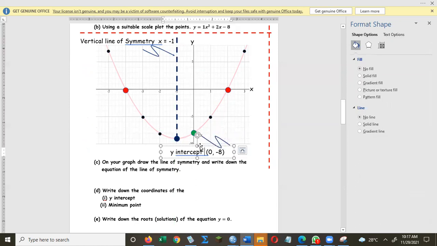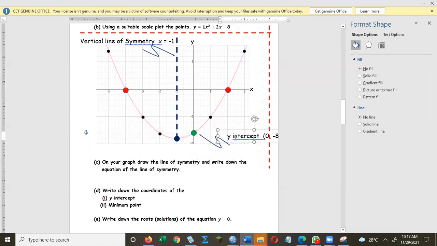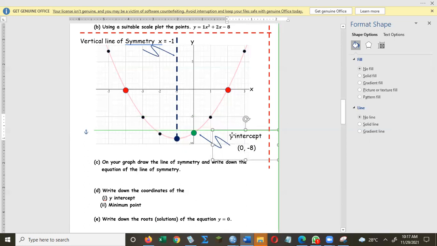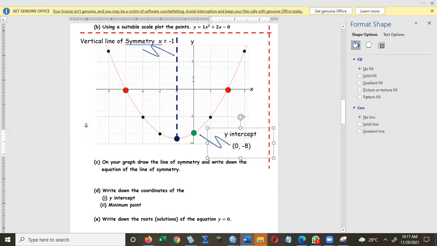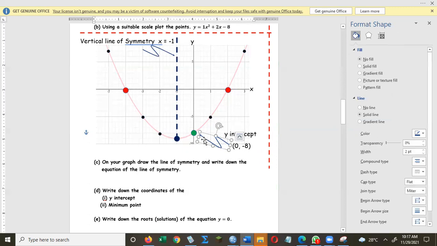Now, always remember that for the y-intercept, x is always 0, and c, the last number in the quadratic, will be the y value when x is equal to 0. It will be (0, -8), the point of the y-intercept where the line touches the y-axis. So please bear that in mind.